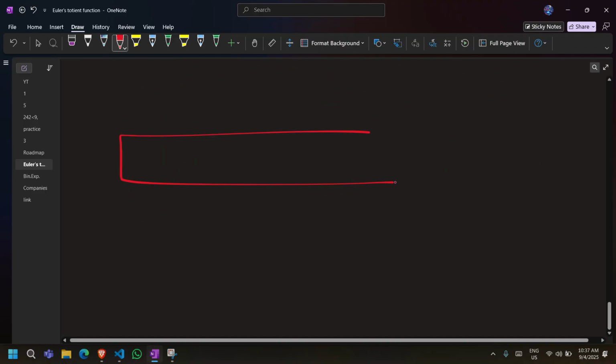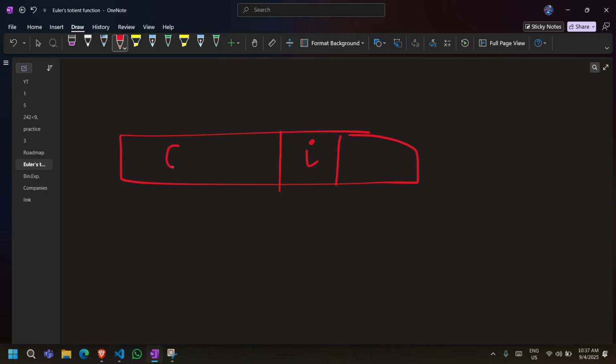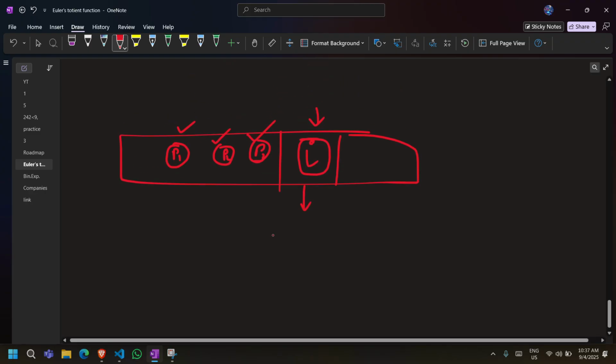Let's see, I am at index i. This number is changed by all the prime numbers before it which divide i, right? So suppose p1, p2, p3 divide i. Every time, what I am doing is i minus i divided by p1.